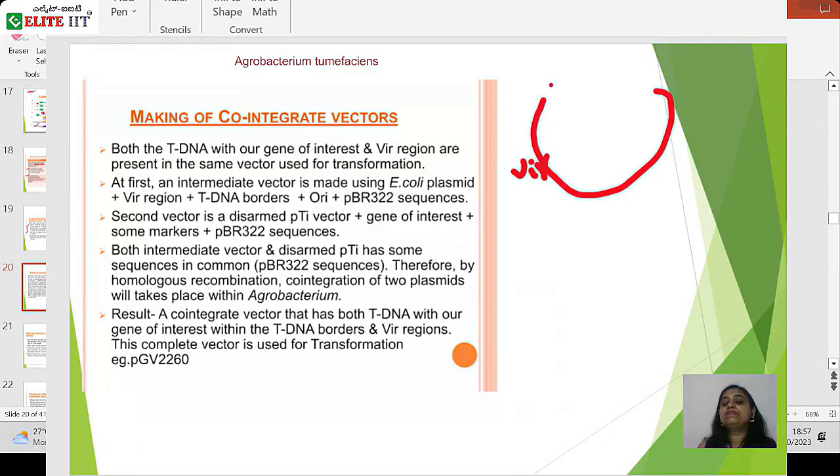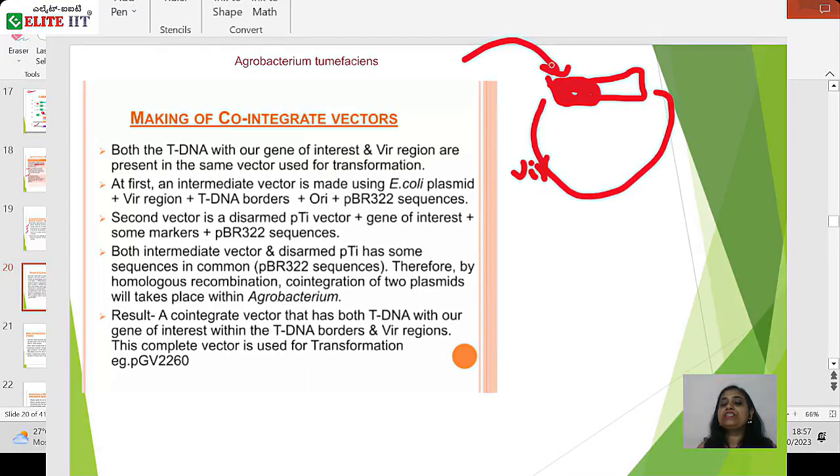Now, generally in the tDNA, auxin and cytokinin genes are present. Those are not required. Generally, we delete those cytokinin and auxin genes, and we replace them with our gene of interest. Okay, so our gene of interest is actually inserted in the tDNA, along with some marker like an antibiotic resistance marker.